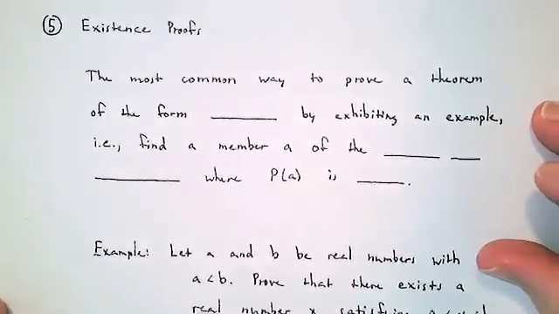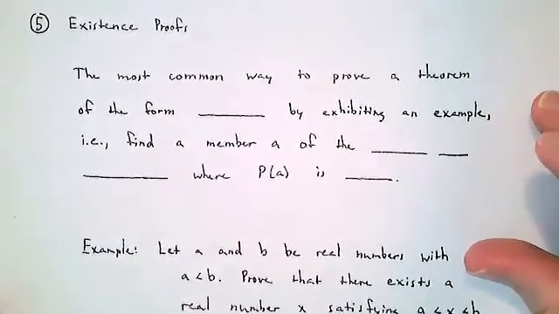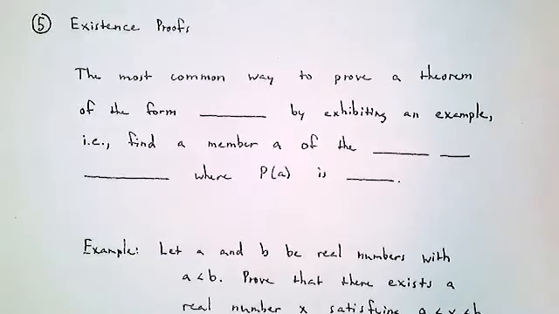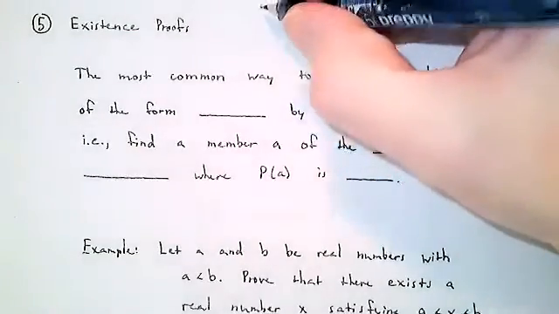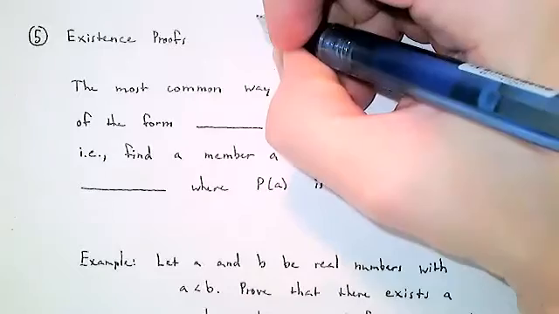Existence proofs. So far, I think in all of our proofs, we've been looking at universally quantified statements. So what we're going to look at in this kind of proof is the other kind. Let me just make a note here.